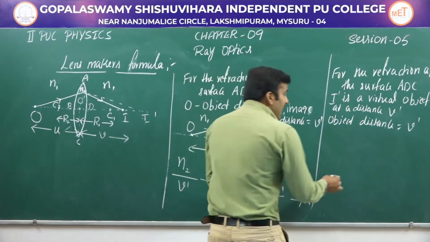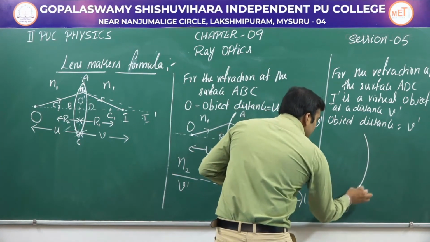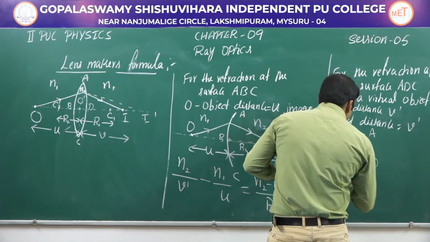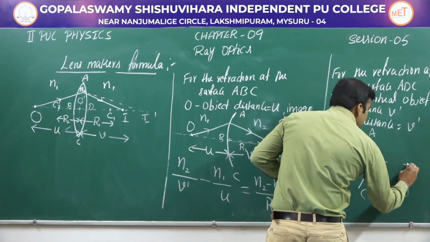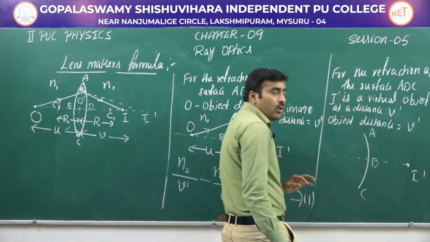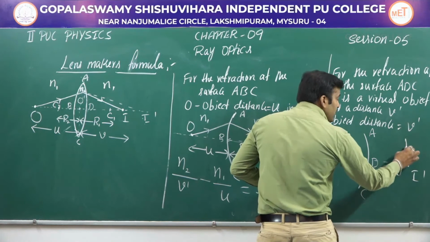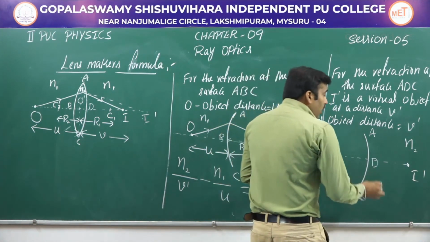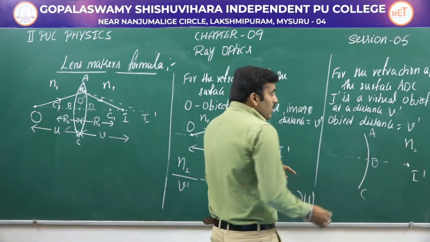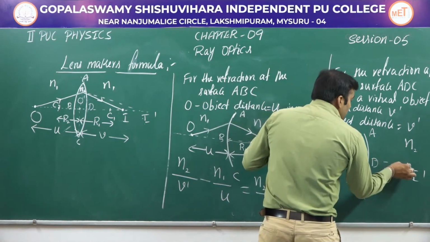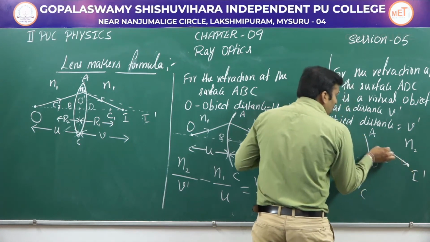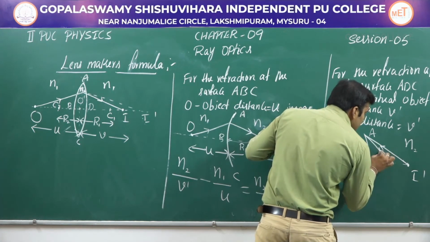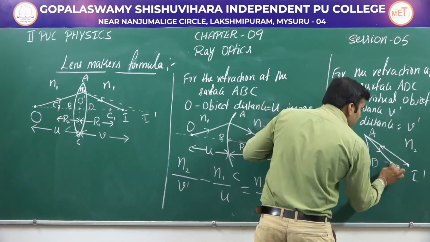Now let me draw the diagram for this. This is the surface ADC, this is the principal axis, and this I dash is now the object, in the medium of refractive index N2. It has to form the final image. The light incident from this virtual object at the surface ADC forms an image somewhere here.